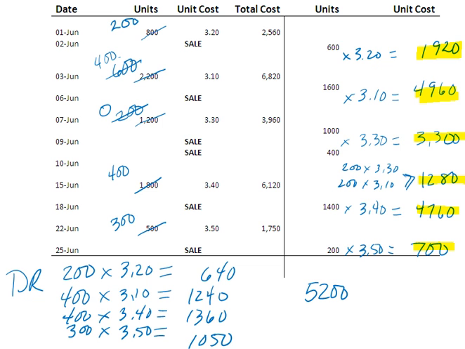So, hopefully I do that right: 1920 plus 4960 plus 3300, 1280, 4760, and 700 gives me cost of goods sold of 16,920.